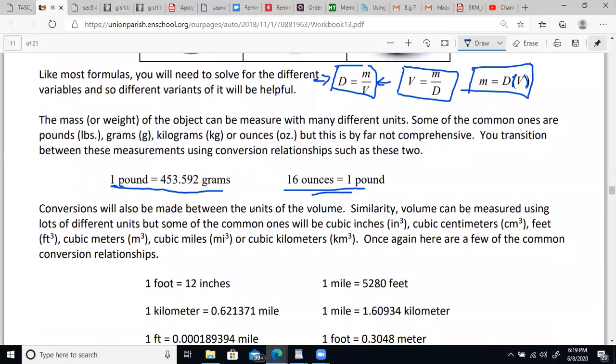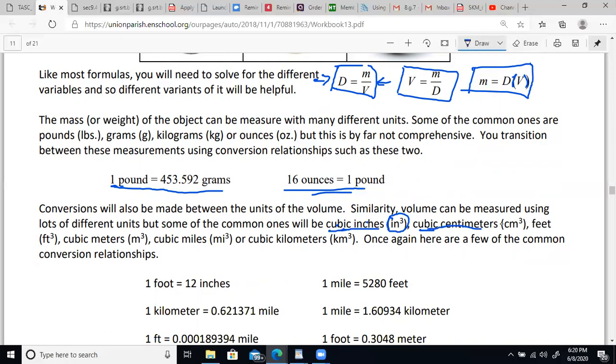Another really important thing: when we are talking about volume, we're always talking about things in cubic units. So it might be cubic inches. They could write out the word cubic and the word inches, or they would have inches with a 3 as an exponent, because when you raise to the third power, that's called cubed. So that's where the cubic comes from.